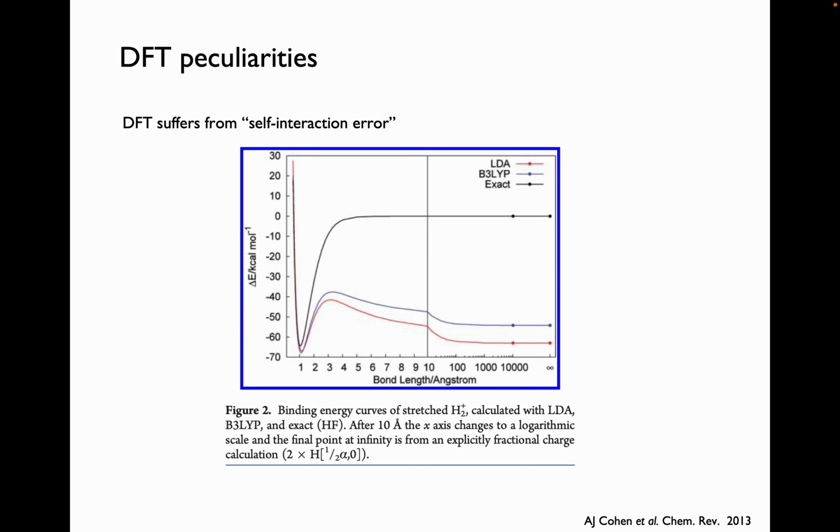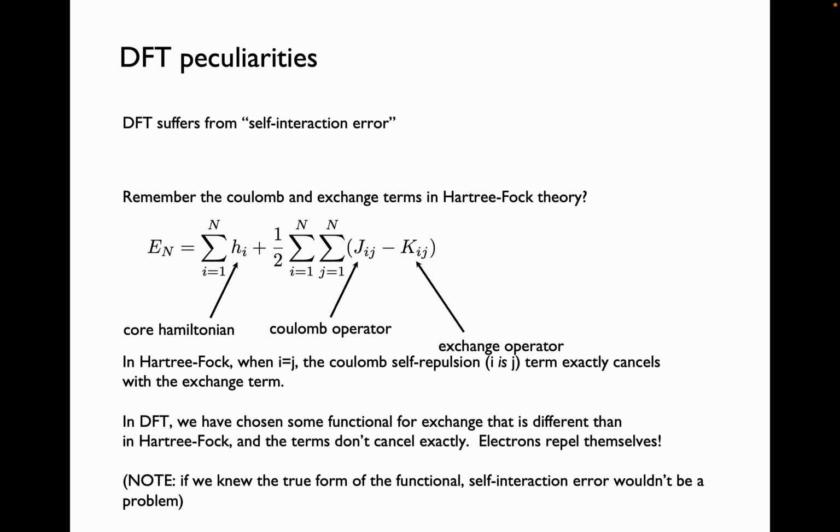This is an interesting peculiarity. It has the self-interaction error. So this is an energy expression which is common to both density functional theory and Hartree-Fock theory, but the difference is that in Hartree-Fock theory, this Coulomb and exchange operator will exactly cancel each other out in the cases when I have electron index 1 and electron index 2, so i and j are the same.